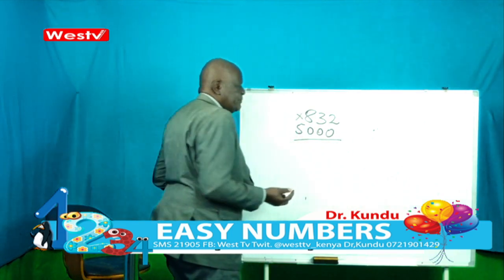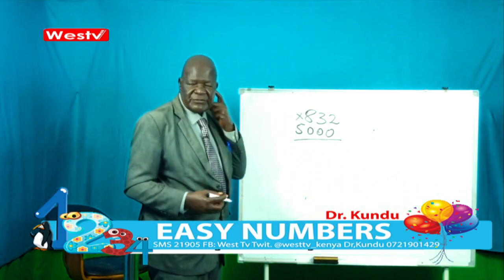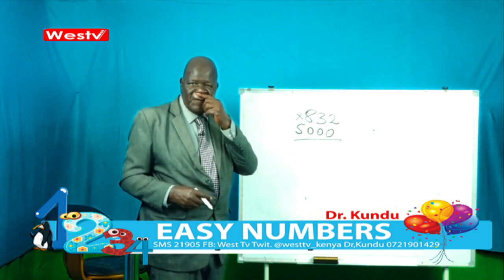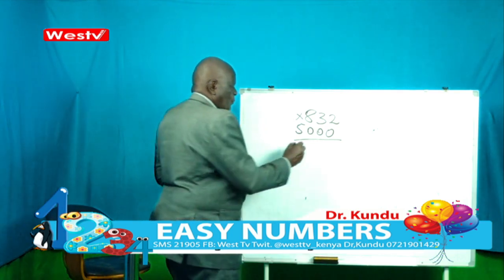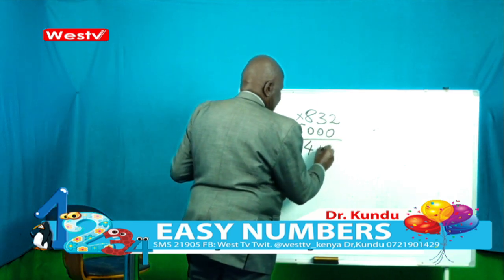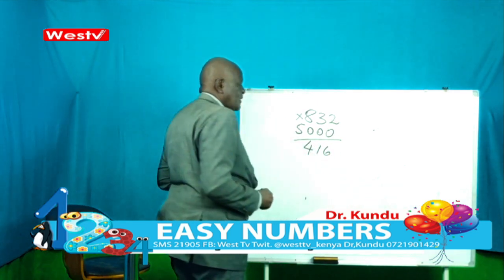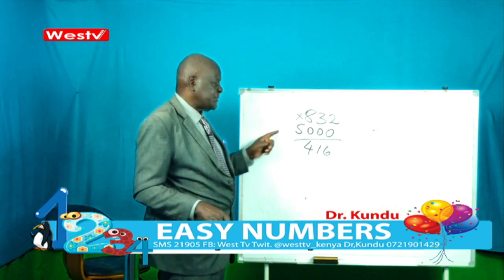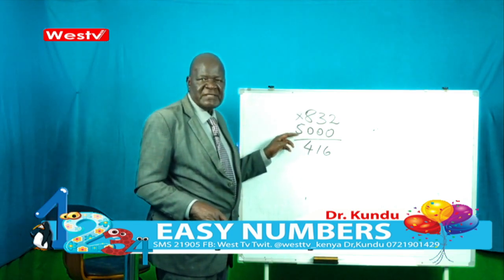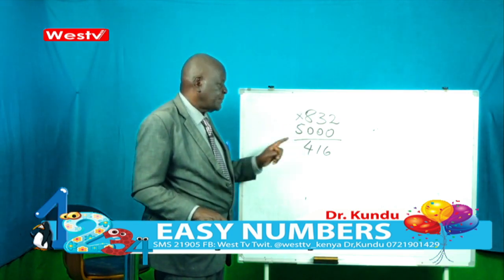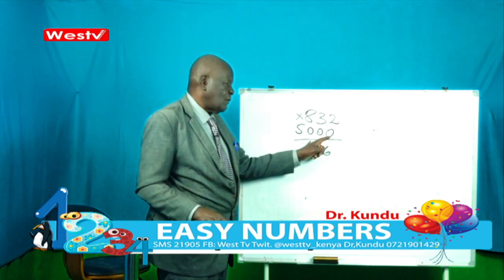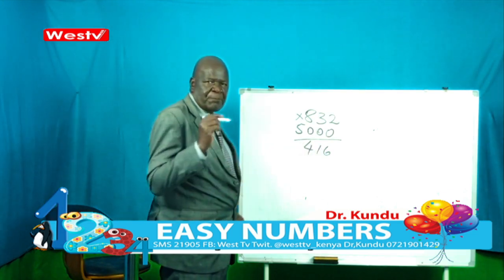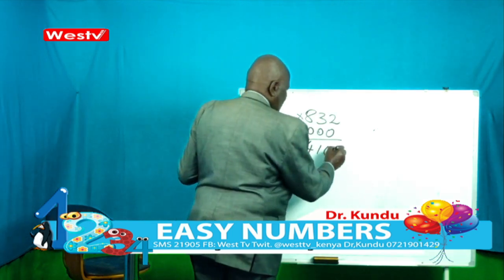This looks a big problem, but it should not bother you at all. Just take a half of 832, which is 416. Once you are at 416, come back and look at the number of digits in the 5 you are dealing with. 1, 2, 3, 4. This is a 4-digit 5. Put 4 zeros on this.